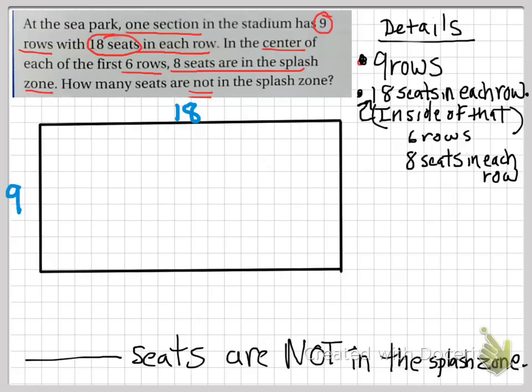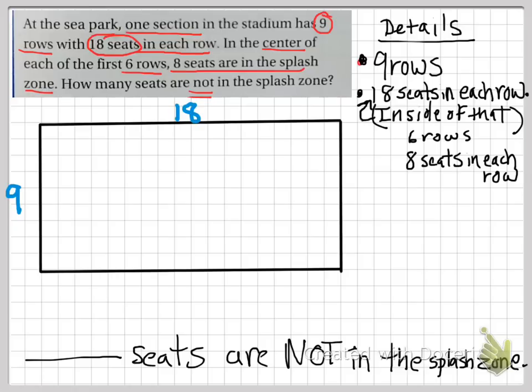That must be right up by the stage if there's a splash zone. So now I also have included my response statement. Blank seats are not in the splash zone. So I've got my details. I'm starting a model. I've already written my response statement.